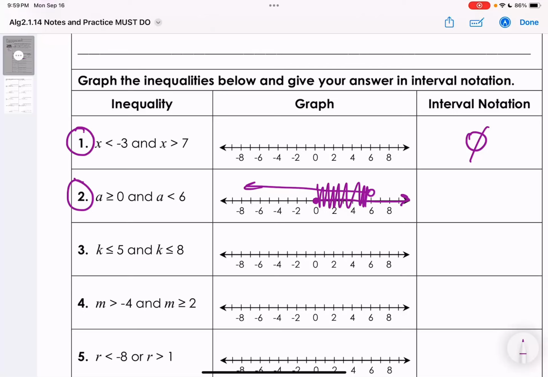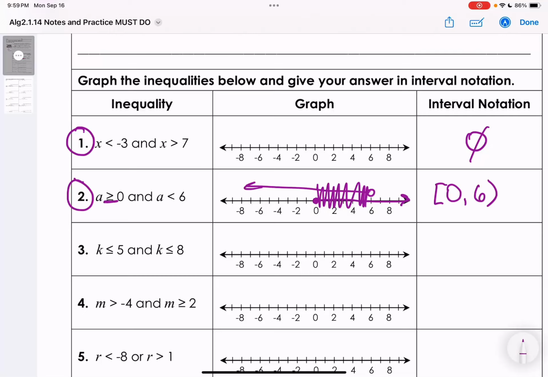You would say that x is greater than or equal to 0. So it's going to be a bracket because it's closed. The "or equal to" part makes it closed. And then also less than 6. So that actually can happen.